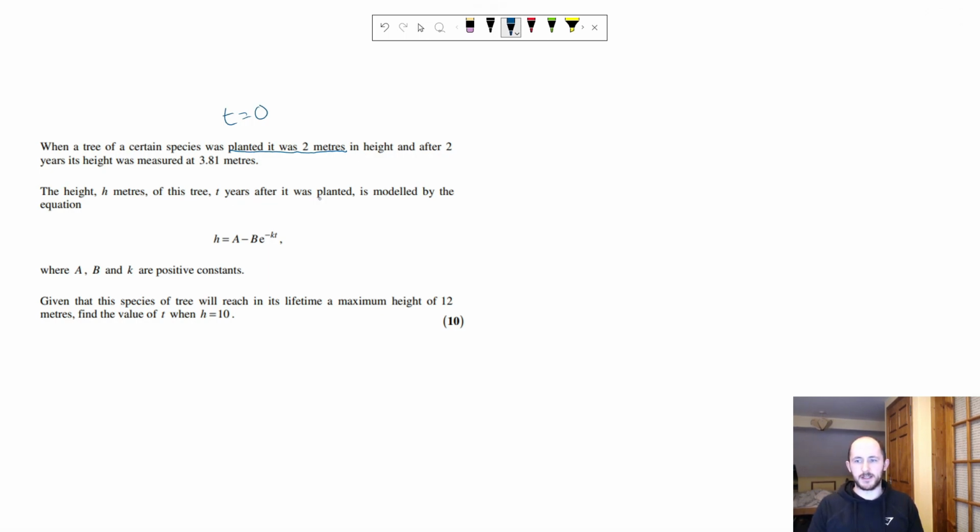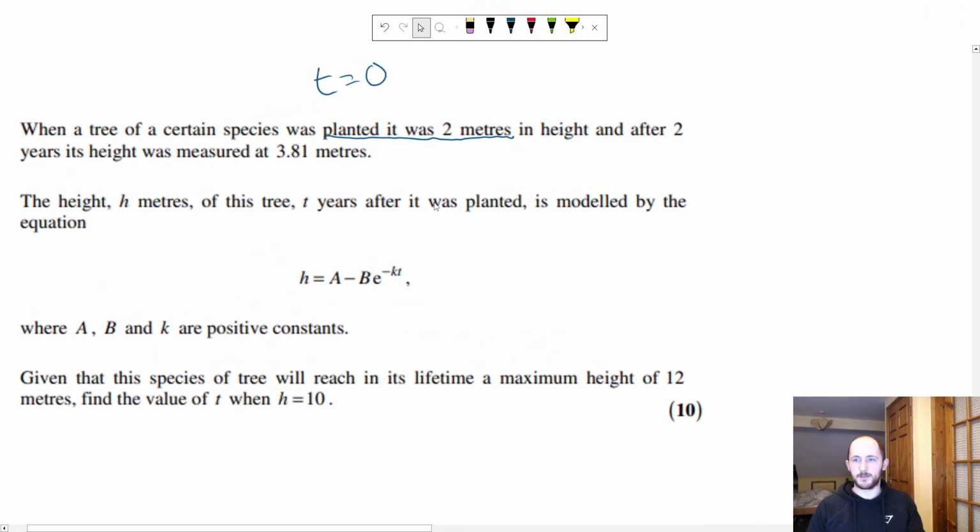When it's first planted, of course, no time has passed. So when t equals 0, we have h equals 2. After 2 years, its height was measured at 3.81, so when t equals 2, h equals 3.81. We've already got some quite useful information.